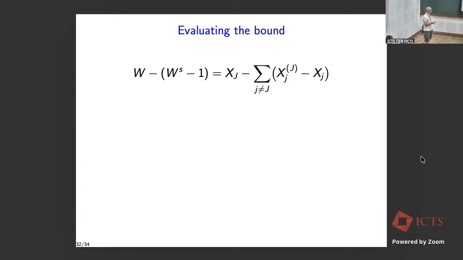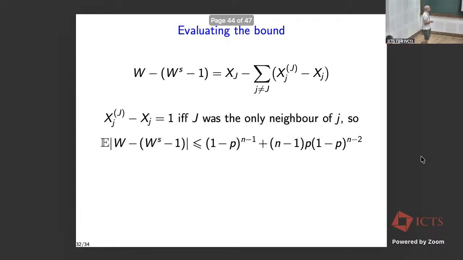That's the indicator whether it was an isolated vertex before the modification. But this difference is easy to understand. This is 1 if and only if j, the one you've picked, was the only neighbor of little i. That means if this little i has degree 1, only then do you see a difference here.